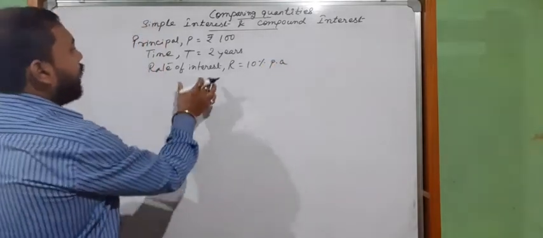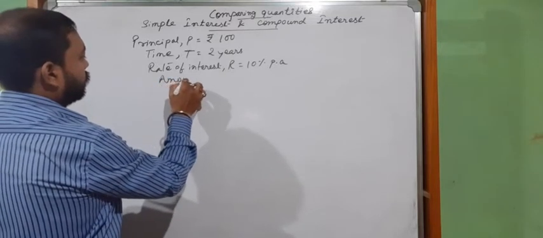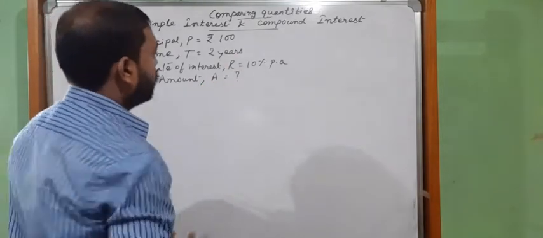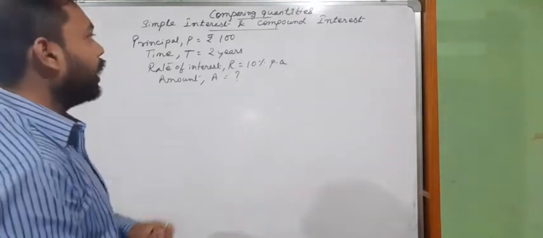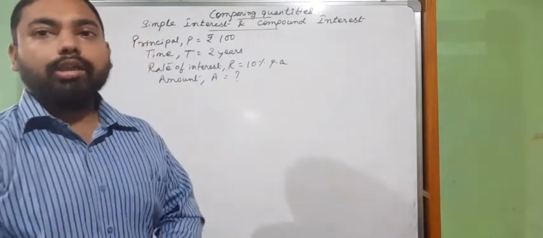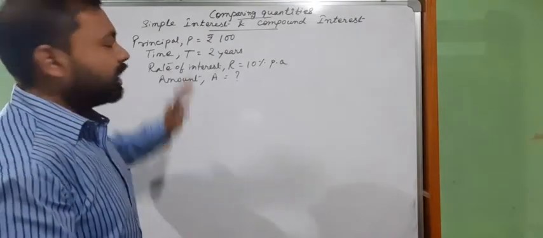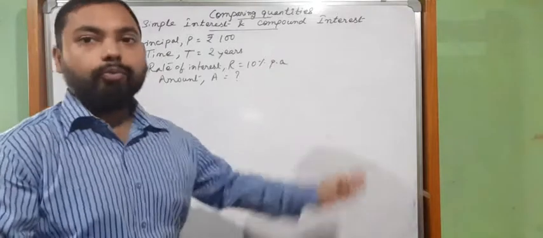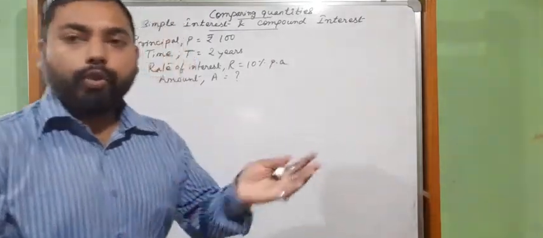So you have to find out the amount A, that is, the compound interest. We will be finding out the amount compounded annually, using the simple interest formula. There is another formula to calculate the amount, that I'll be showing you.